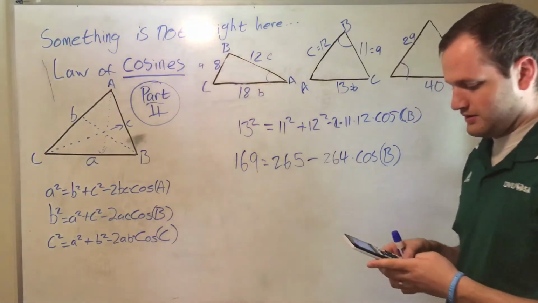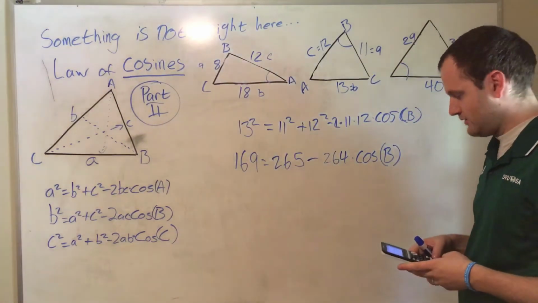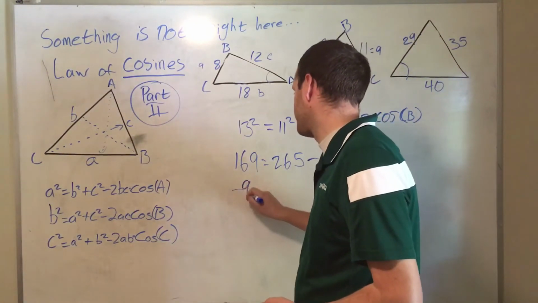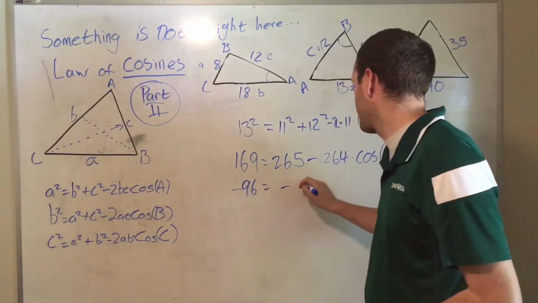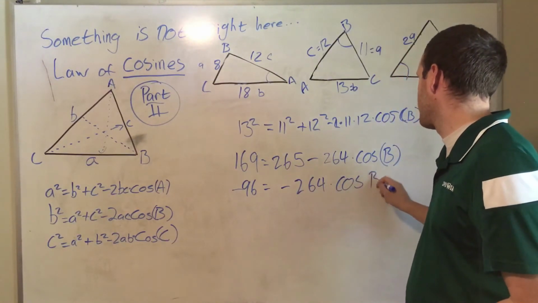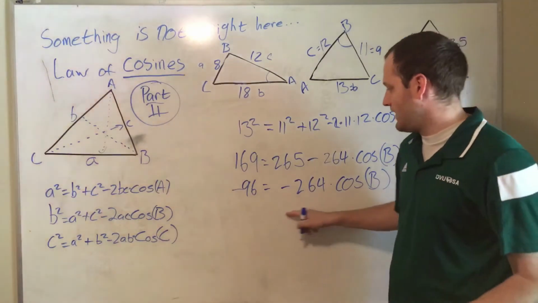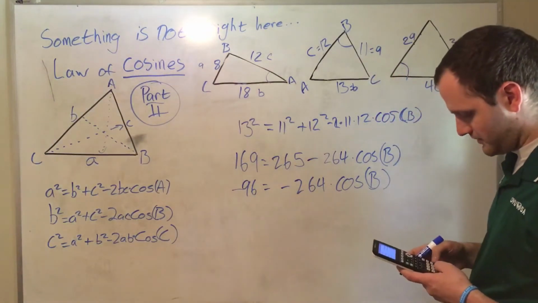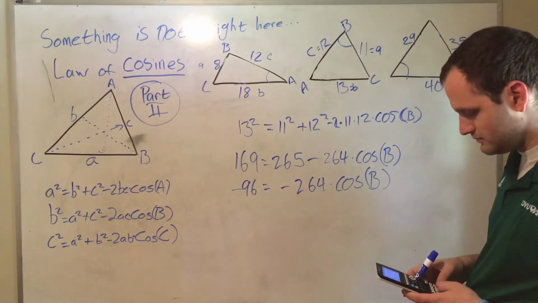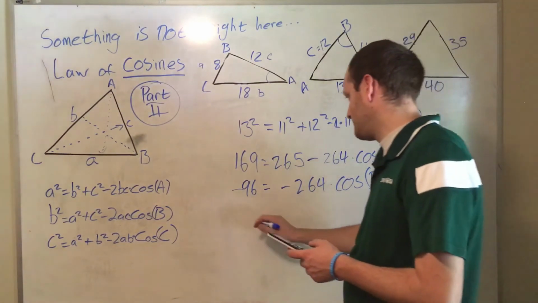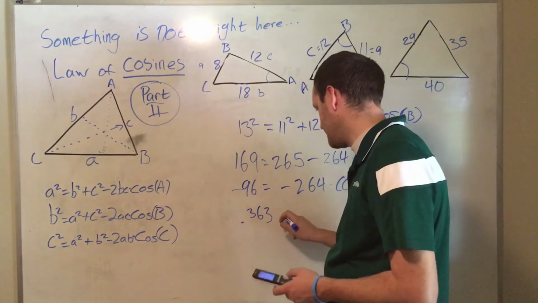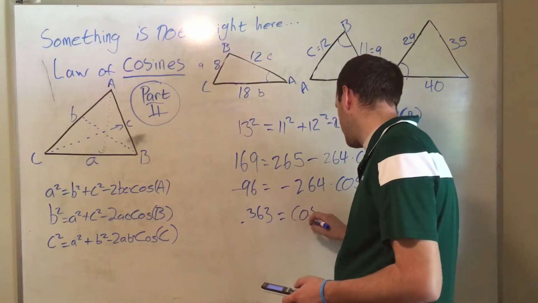So 169 minus 265 gives me negative 96. And then I need to divide both sides by negative 264. That gives me 0.363 equals cosine of b.